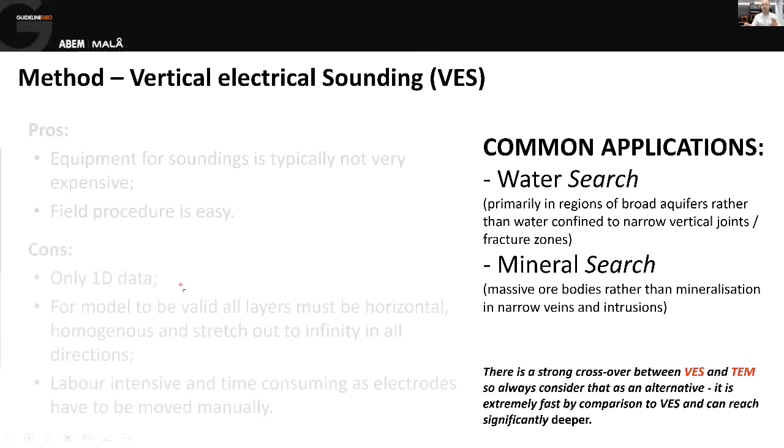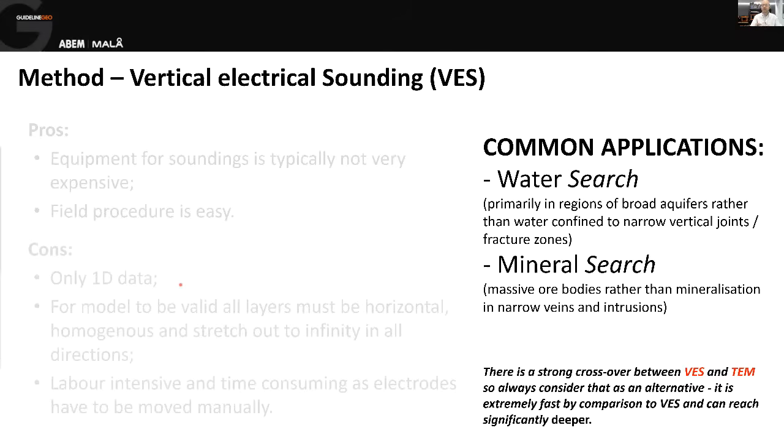There is a strong overlap in applications between VES and TEM. You find that they're both used for water and minerals. They both produce a 1D sounding. The obvious advantage of TEM is that it is a method that doesn't require a physical electrical connection. It uses wire loops to induce a signal into the ground and then receive the responses that come back.